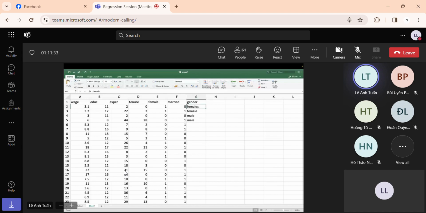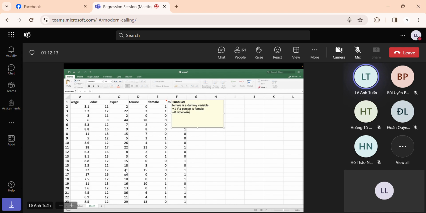Say you survey wage and education, and the first person answers that they are female. So we define female here as a dummy variable that equals one if the person is female and equals zero otherwise, that means the person is male.